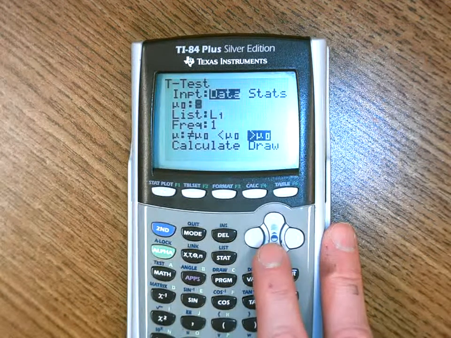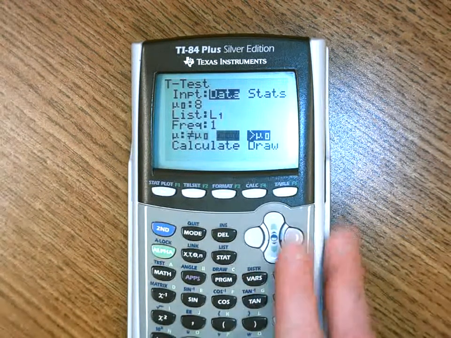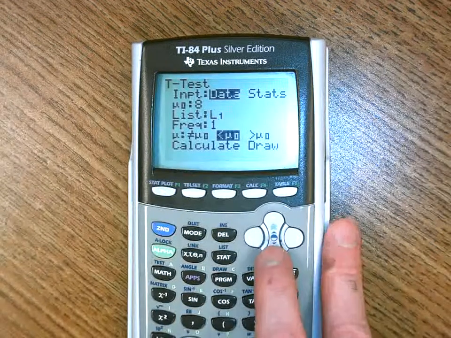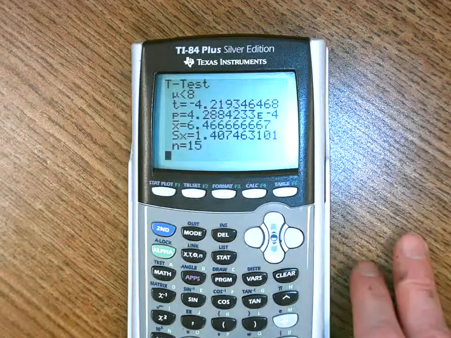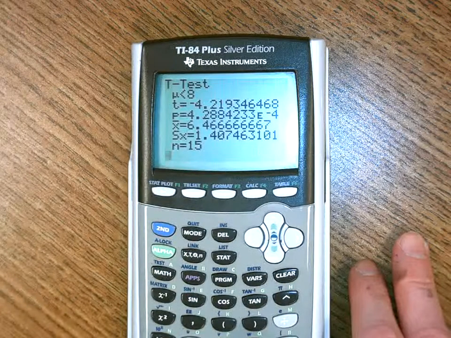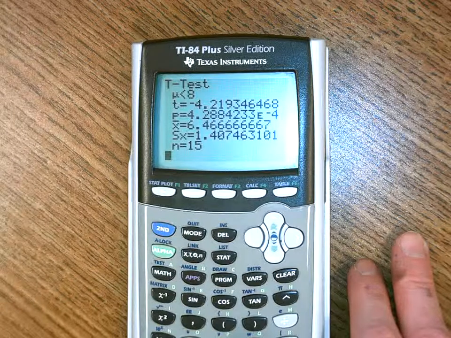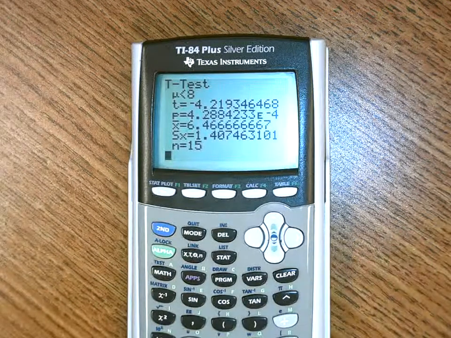All right, the mean of the population was 8. Our data are in L1. I'm thinking that the average hours of sleep is less than 8, and I'm going to calculate. There we go. I've got my t-score, p-value, the sample mean, and the sample standard deviation.